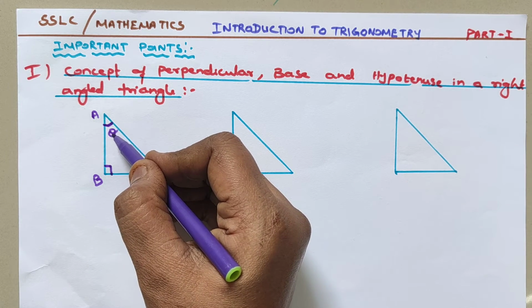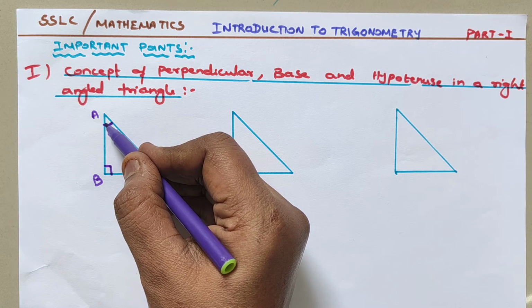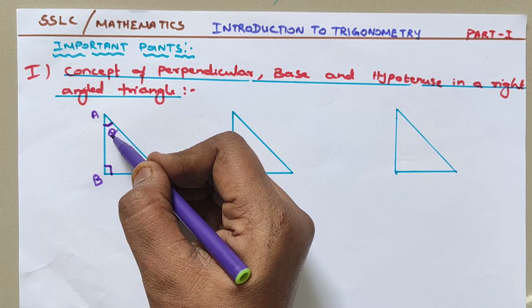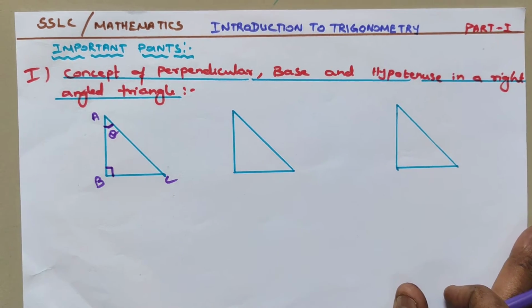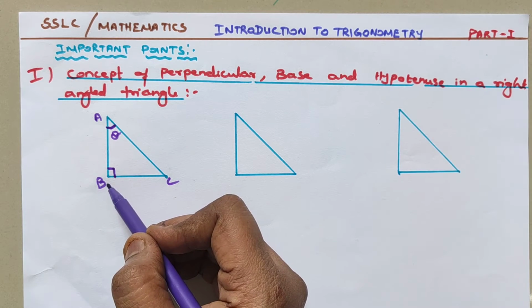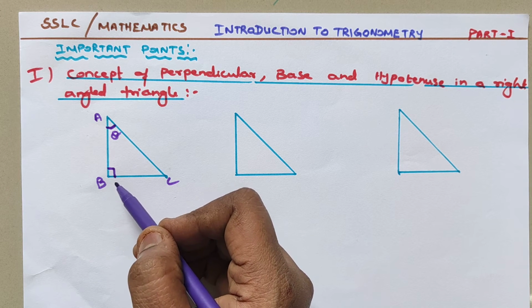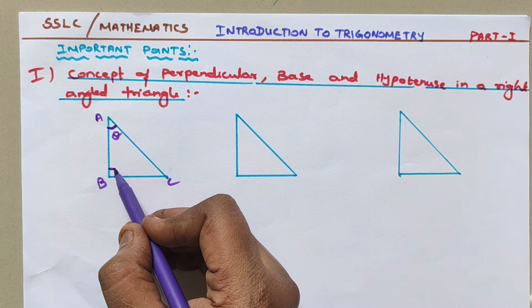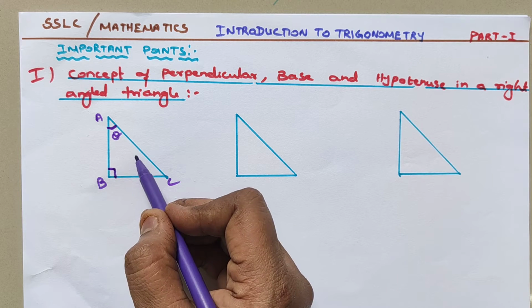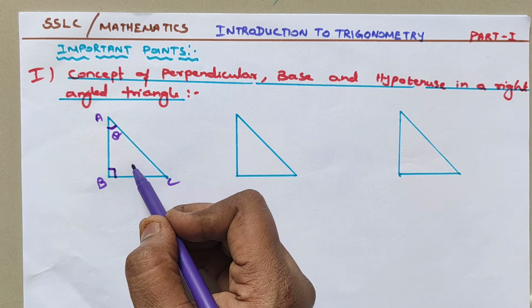If the theta is at A, that means angle A is equal to theta. Then the first thing we should consider is to find out which is the hypotenuse, which is the base and the adjacent side. As I said, the side opposite to this 90 degree angle is known as the hypotenuse.